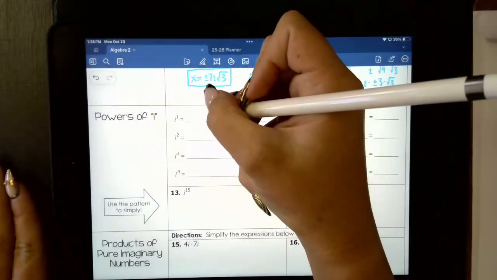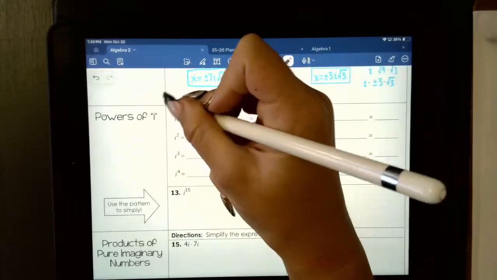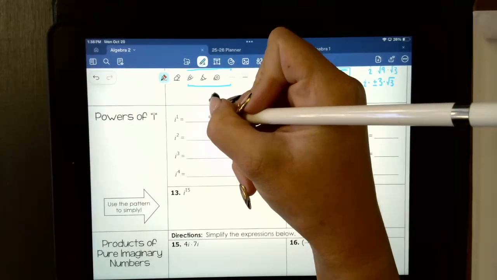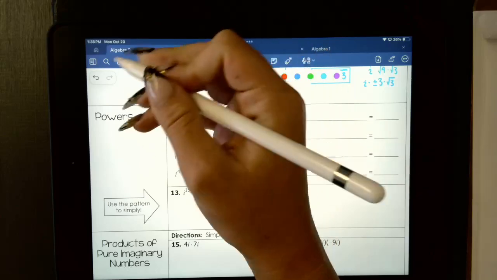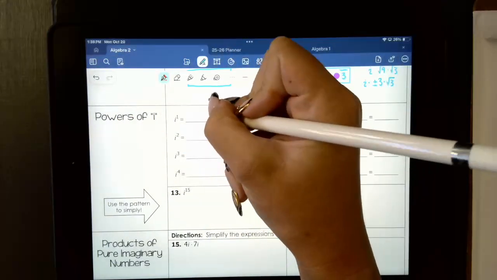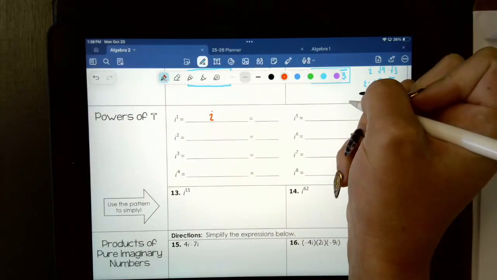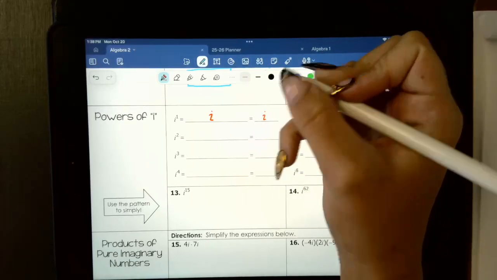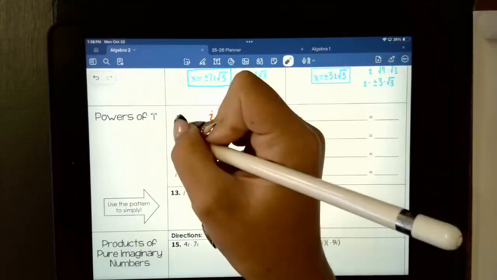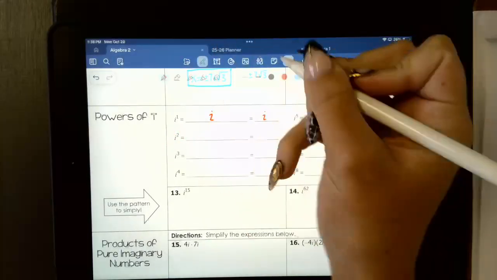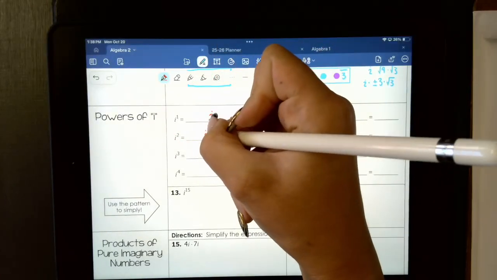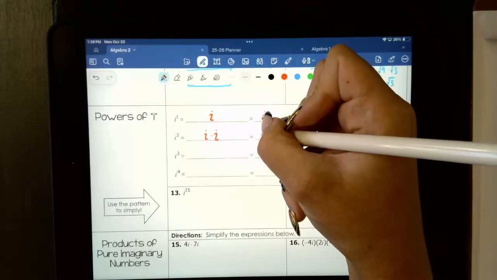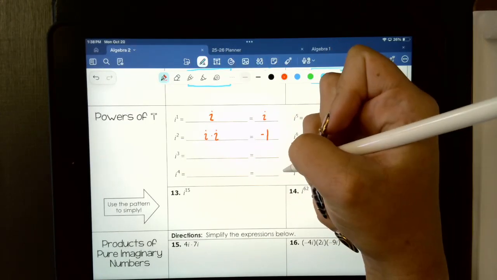So we're starting with i to the 1 power. So i to the 1 power, that just means i, right? So it's just i. And then if we have i squared, that means we're going to have i times i, which is going to be negative 1.